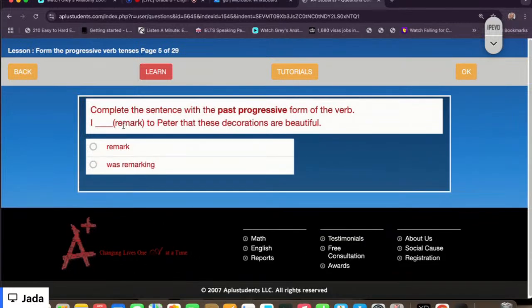All right, so we have I remarked to Peter that these decorations are beautiful. Past progressive.